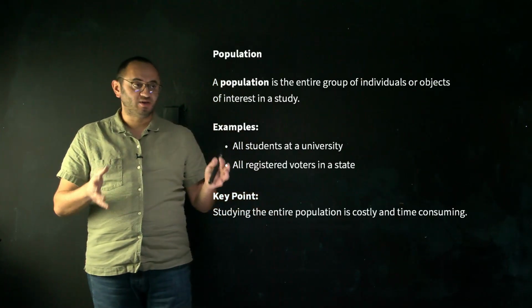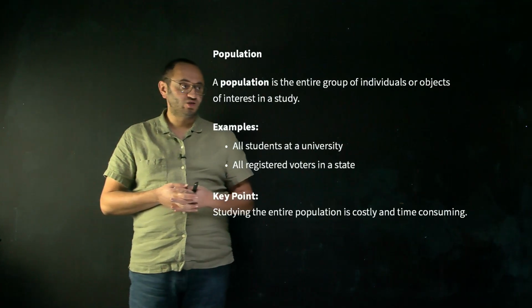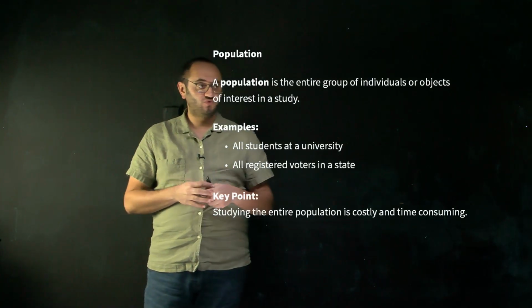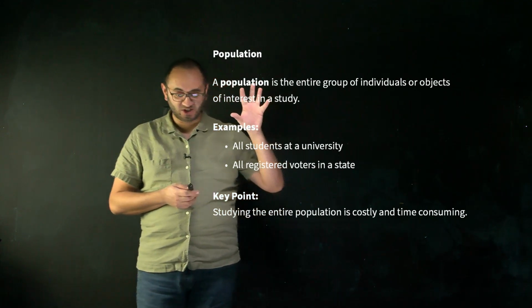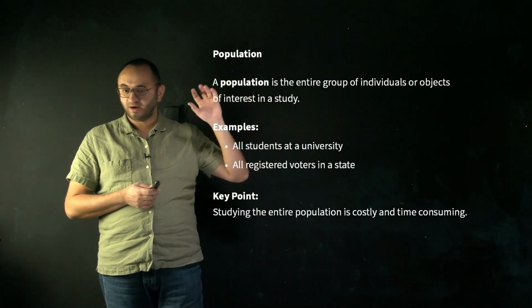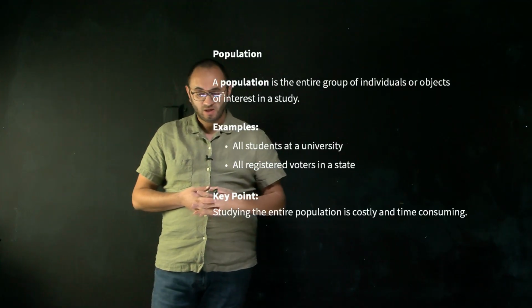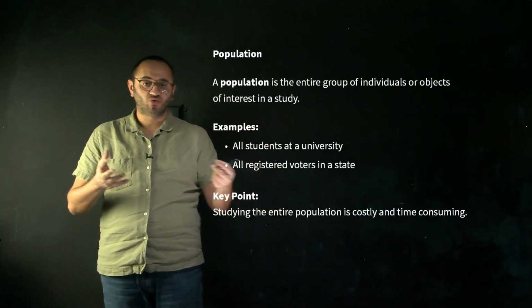The key point here is studying the entire population is costly and time consuming. Suppose, for example, in the state of California, there are like 10 million registered voters, and we want to ask them some questions.